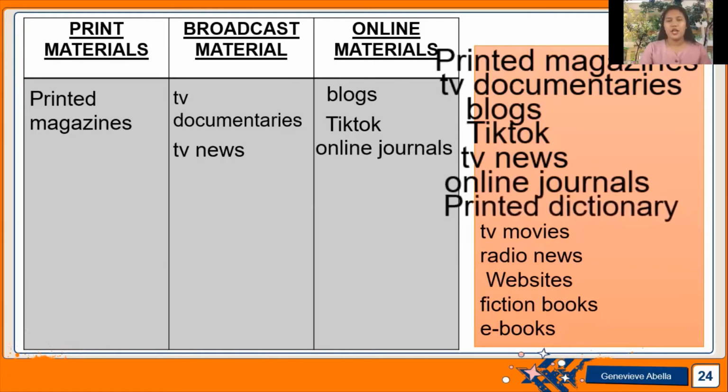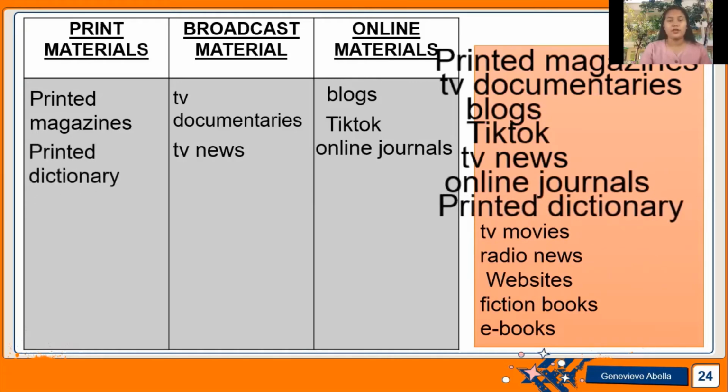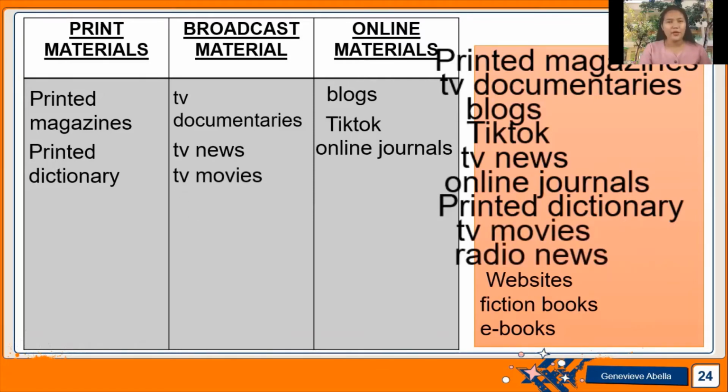The printed dictionary. That's right. It belongs to the print materials because as of the present time, we can use the dictionary which can be found in our cell phone or in our laptop through the use of internet. Next, the TV or movies. That's right, the broadcast materials. Radio news. Very good. It also belongs to the broadcast materials.